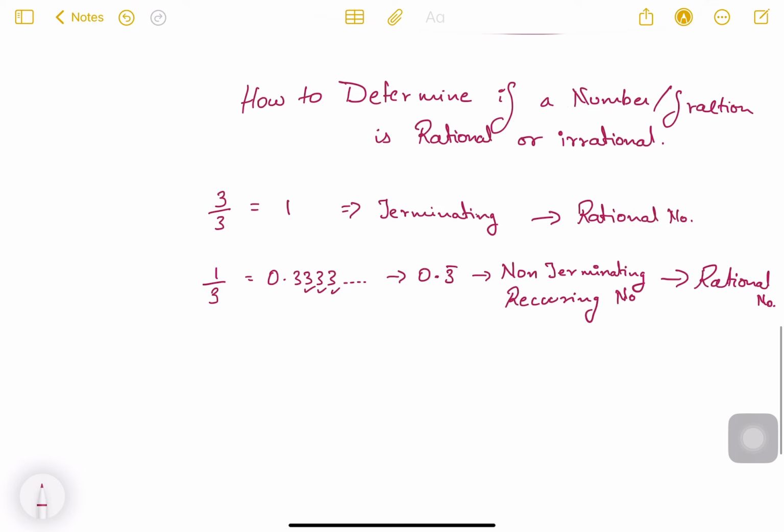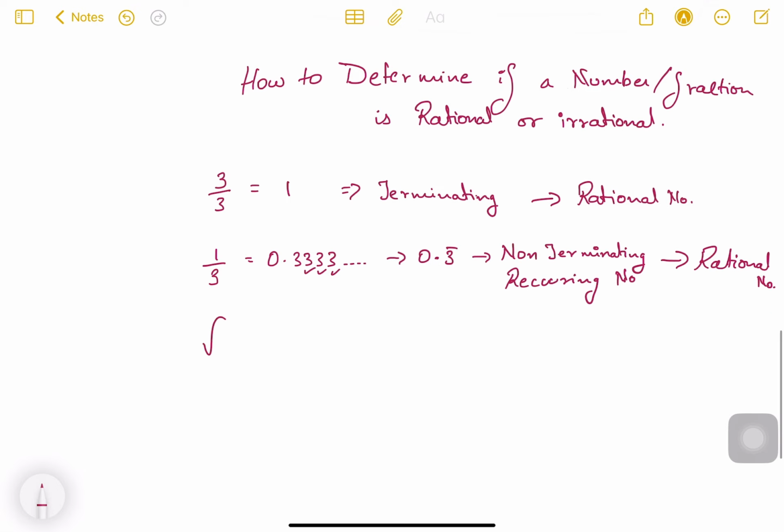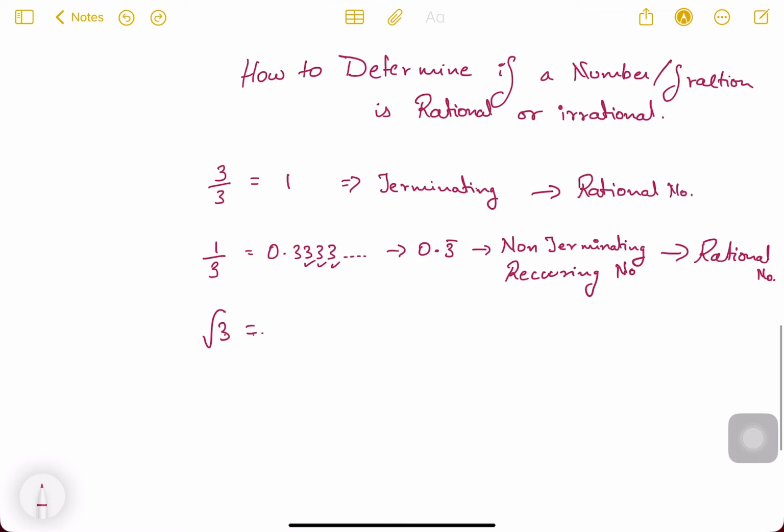But when we move forward and I have under root 3, the value of under root 3 is 1.73205 and it keeps on going further and further. So that's why you can say that this is an irrational number. Let me see if it can solve it, otherwise I'll definitely solve it.